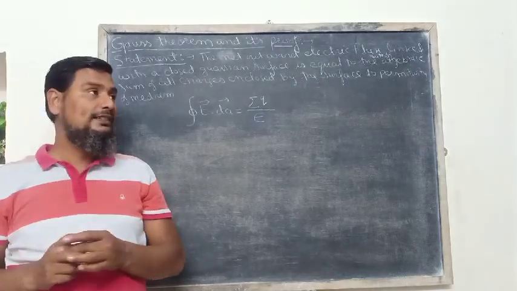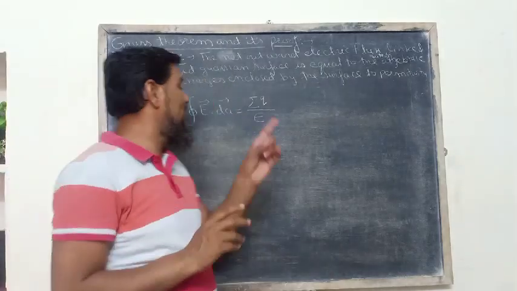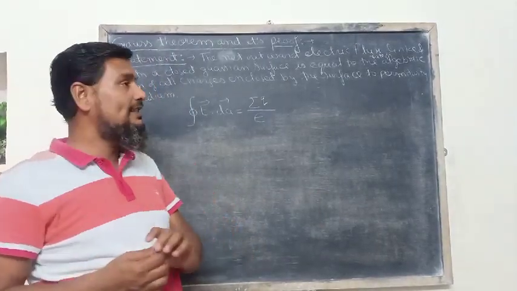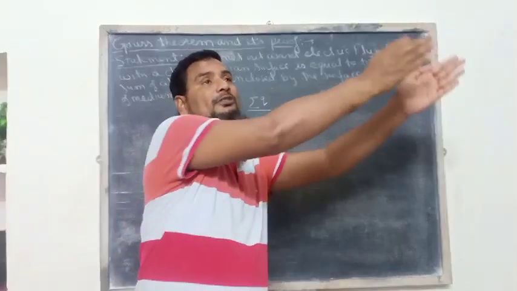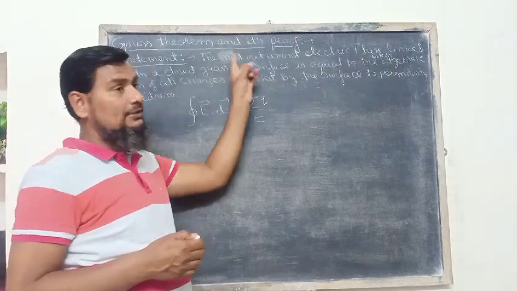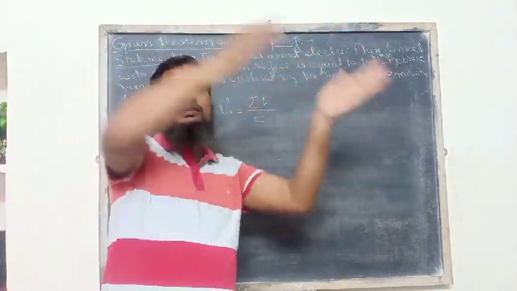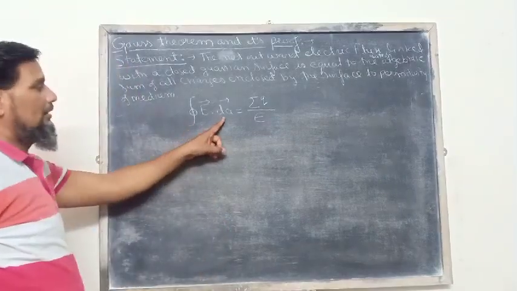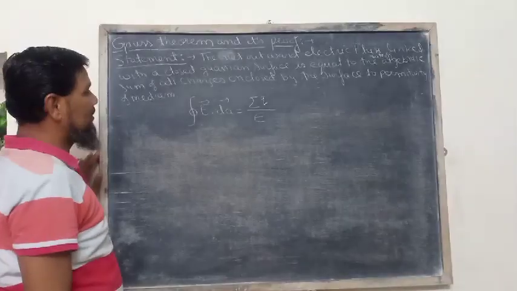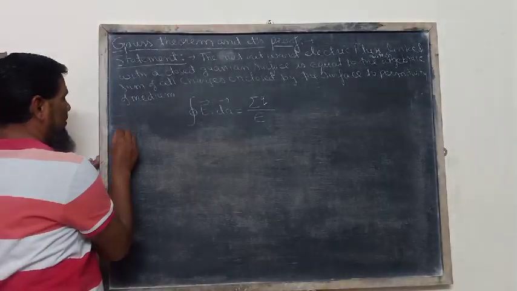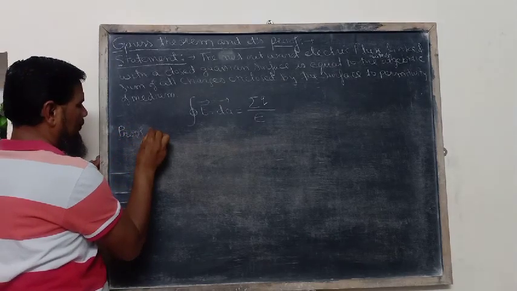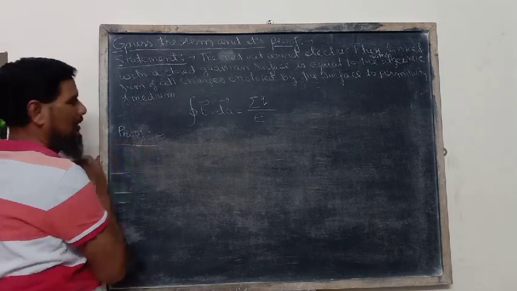The number of electric lines of force entering the surface is the negative electric flux, and the number of electric lines of force coming out from the closed surface is the positive, and the net is always equal to outward minus inward, and it is equal to summation Q upon epsilon naught. This is the statement of Gauss theorem. Now we shall discuss the proof of Gauss theorem.